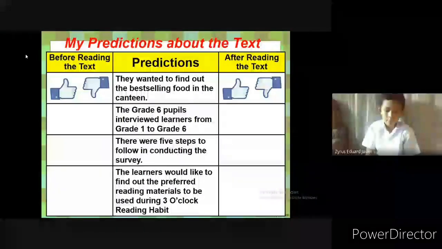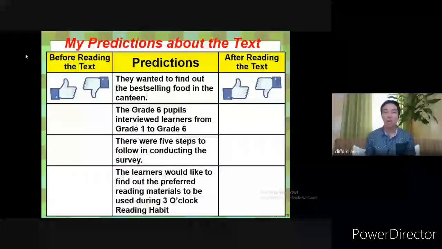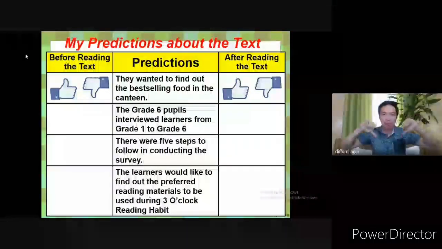Very good. So now let's have the first one. They wanted to find out the best-selling food in the canteen. 1, 2, 3, go. Okay. Now, number 2. The grade 6 pupils interviewed learners from grade 1 to grade 6. Thumbs up, thumbs down. Go.